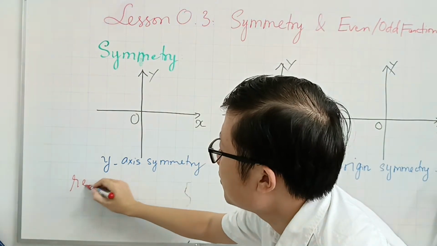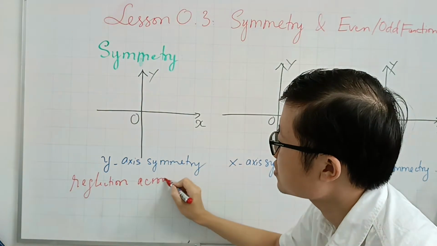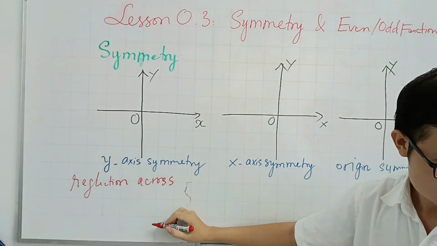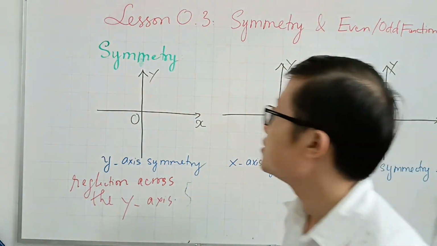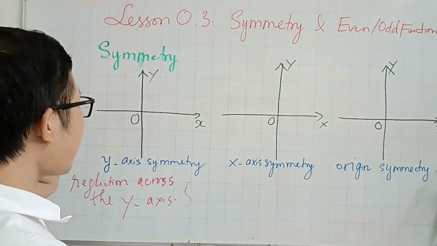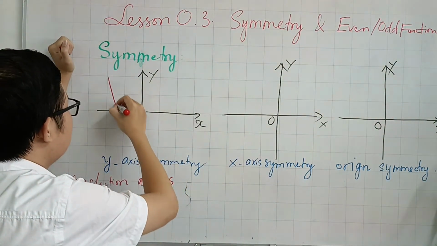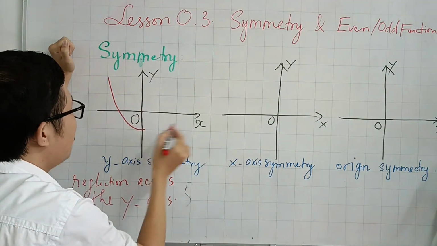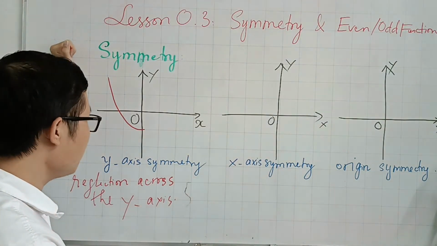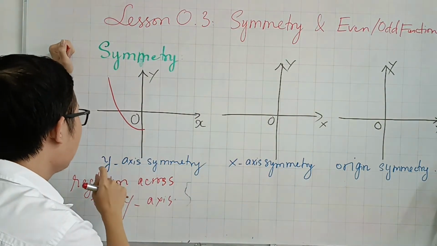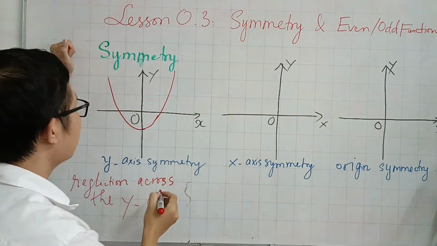So, reflection across the y-axis. We can sketch one graph. The model, the graph that is very familiar to you, with y-axis symmetry is the parabola.